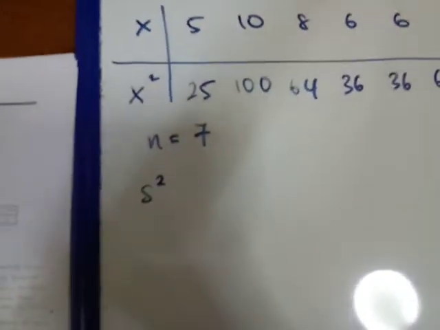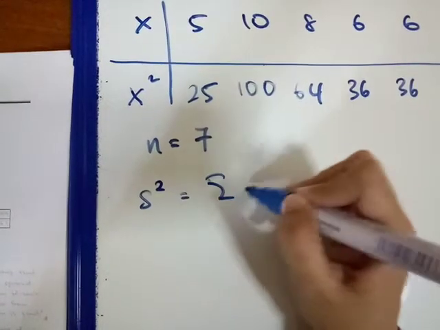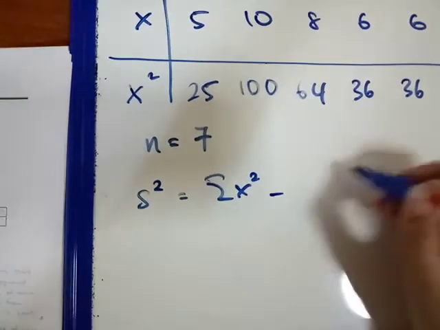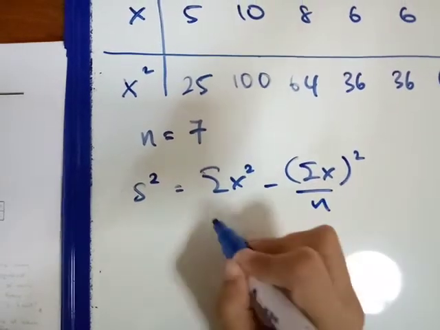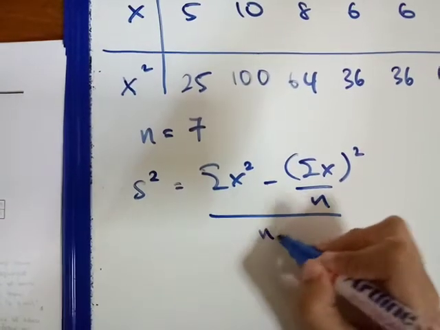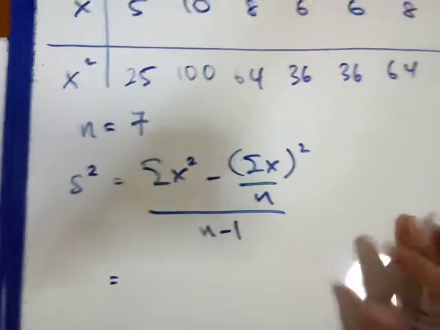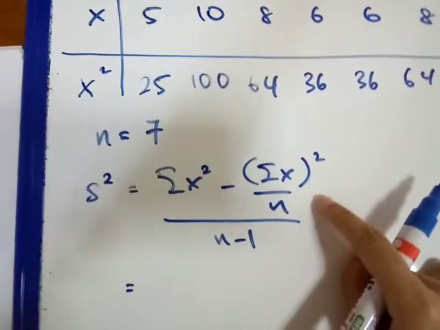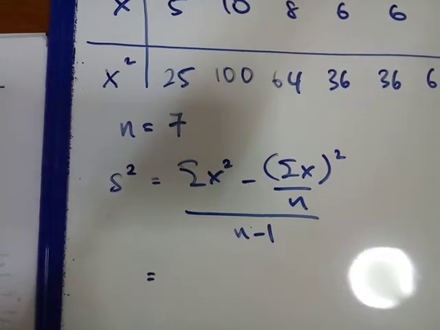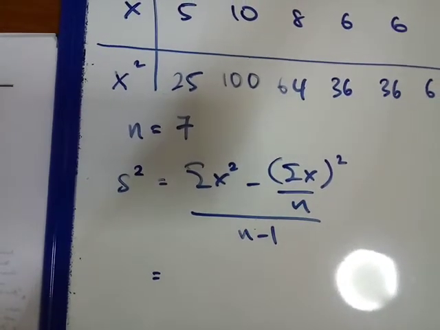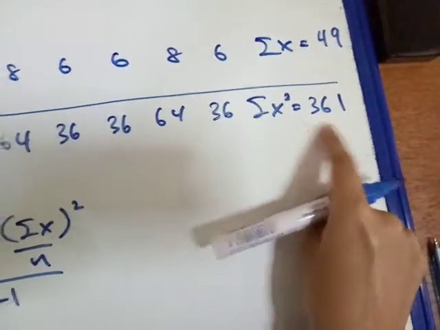S square is the symbol for variance. So S square equals total X square minus total X, squared, divided by N, over N minus 1. This is the formula. The formula is given in tests and exams, so you have to be careful. Use this formula, not the other one, the second one. So total X square is what? You already found it, 361.